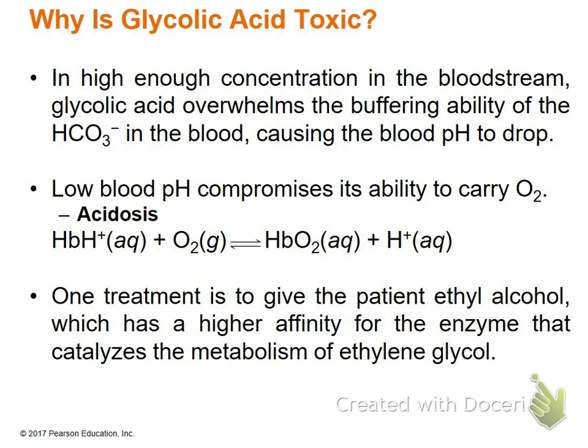So glycolic acid overwhelms the buffering ability of your blood, which causes the pH to decrease. All right, and so when that happens, your body undergoes this condition called acidosis, in which the low blood pH compromises the hemoglobin's ability to carry oxygen molecules.